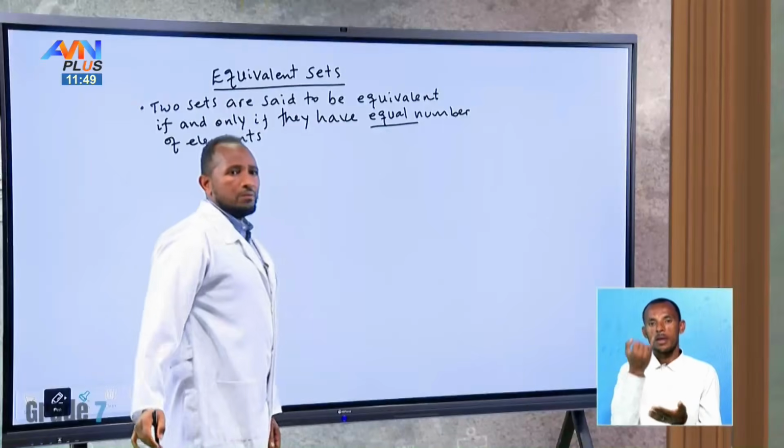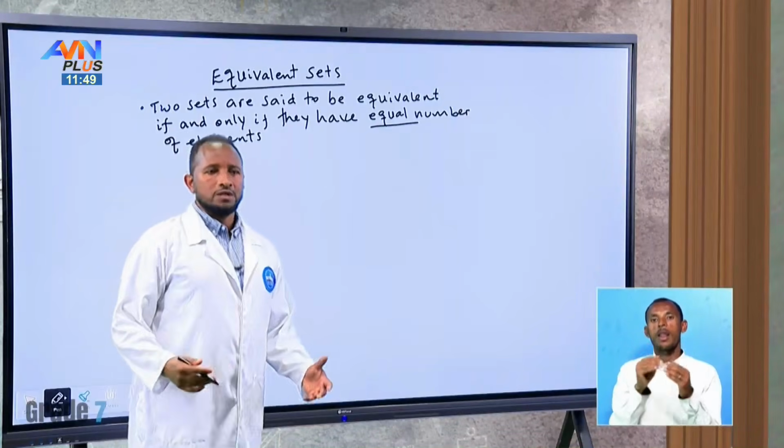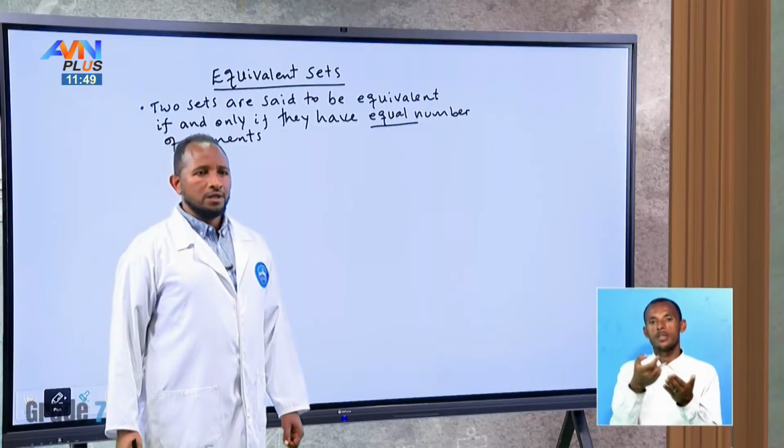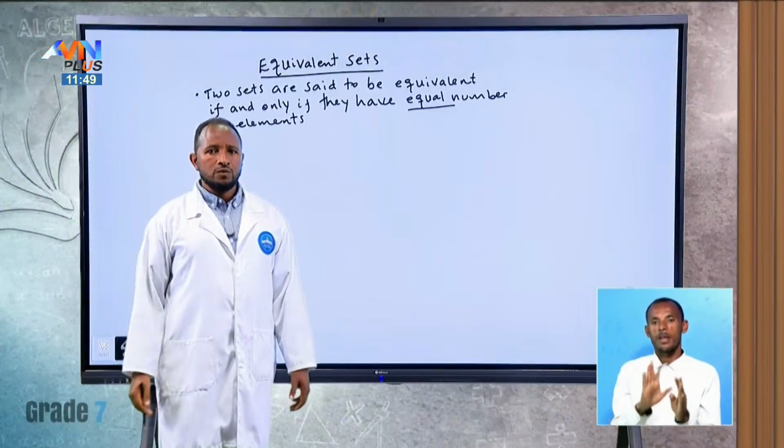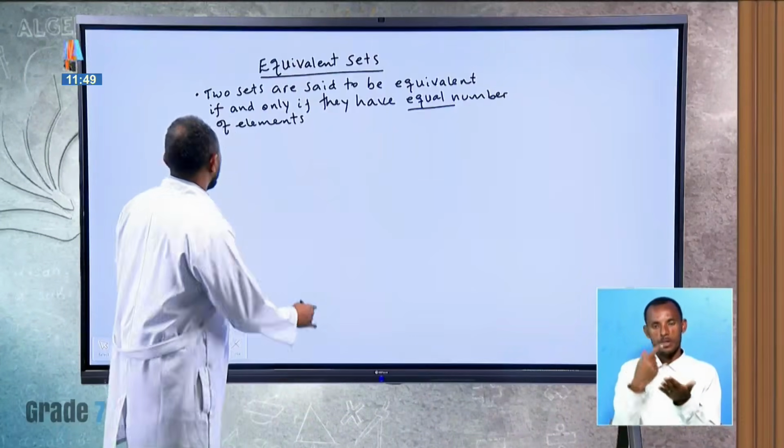If they have an equal number of elements, the two sets are said to be equivalent. Now, let me give you an example for this.